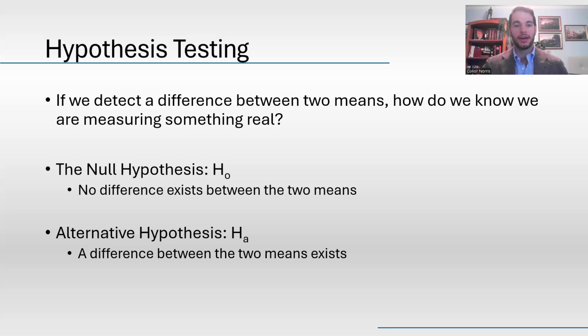The alternative hypothesis is that there is a difference between the two means. So we conduct our experiments or our statistical tests based on the null hypothesis, and that's what we decide on. We either reject the null hypothesis or fail to reject the null hypothesis. But typically what we're trying to discover, what we're curious about, is if the two means are not equal, if that makes sense.